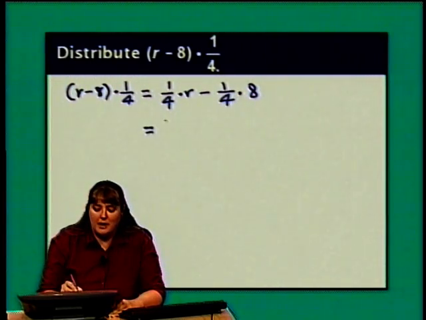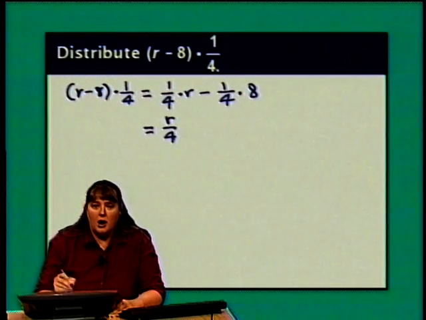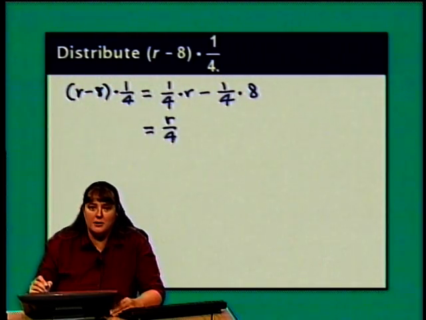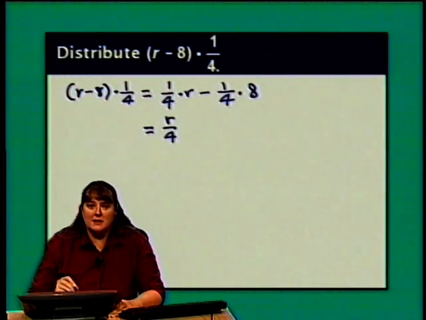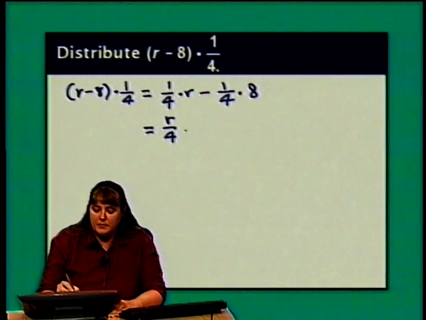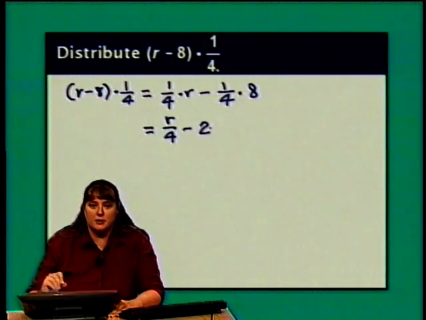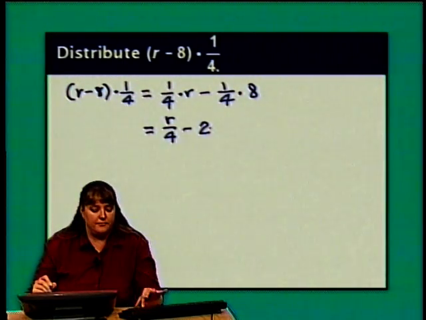We can also write that as r over 4. 1/4 r is equal to r over 4. 1/4 times 8 is 8/4, and 8 divided by 4 is 2. So my second term is minus 2.